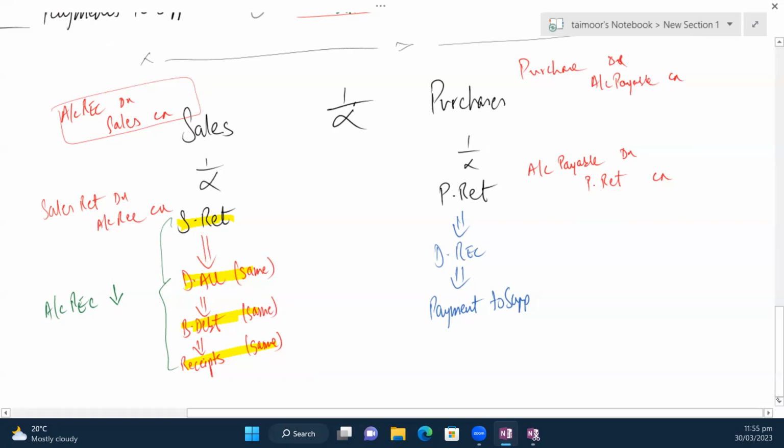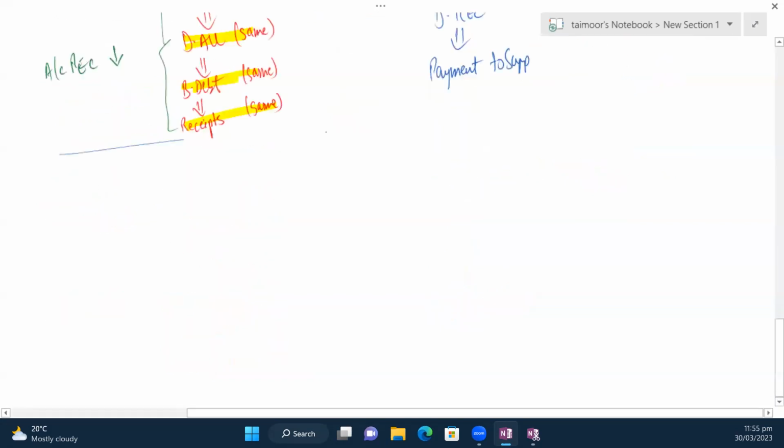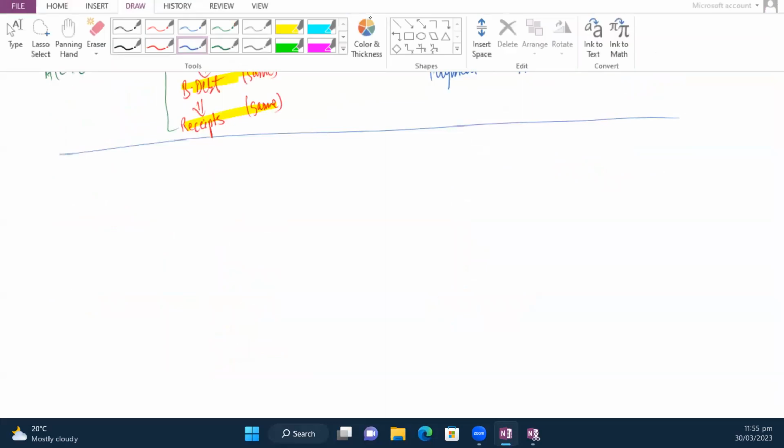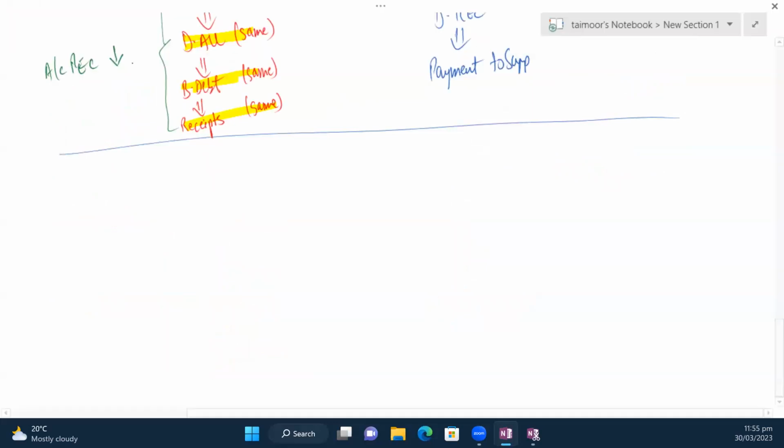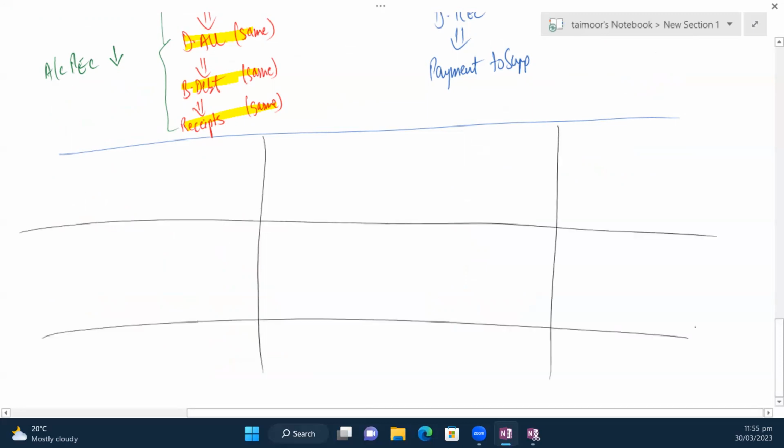Okay? Moving ahead is miscellaneous entries. Now, other miscellaneous entries would be, we'll note them down. Number 1, payment of expenses.